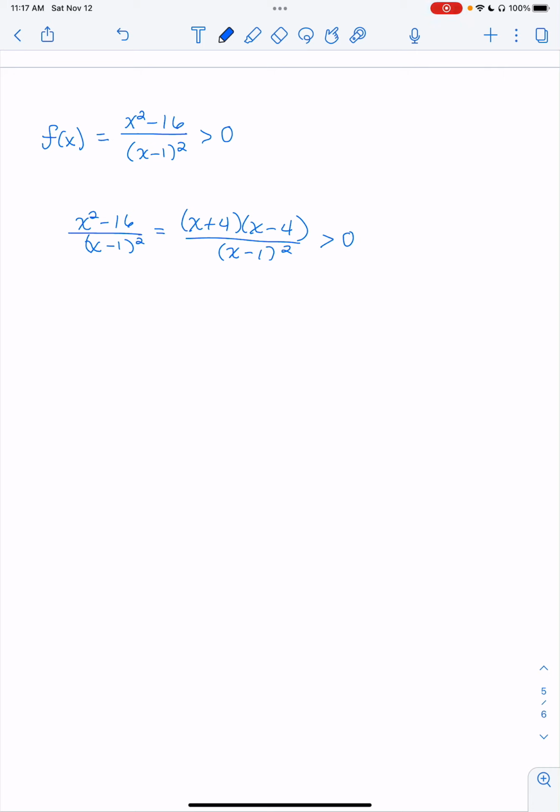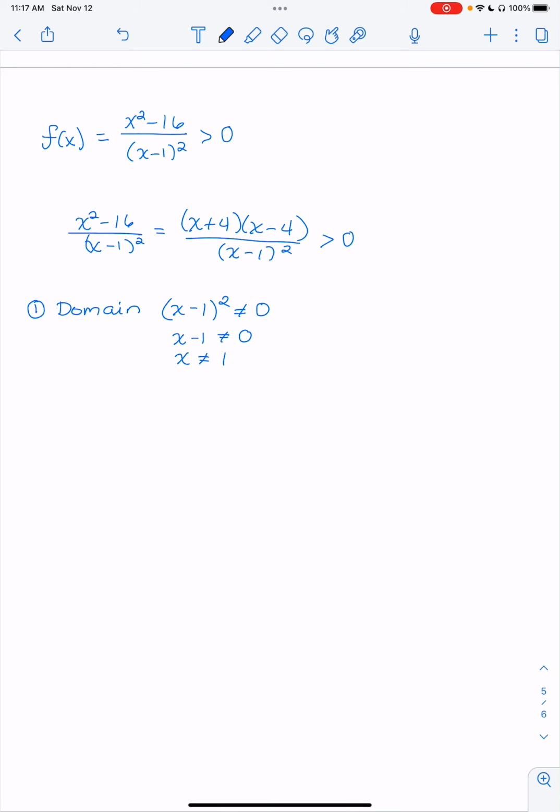So the first thing that we're going to look at is the domain. The domain is limited because we can't have a denominator equal to 0. So we know that x minus 1 squared does not equal 0, which means that x minus 1 does not equal 0, and so x does not equal 1.